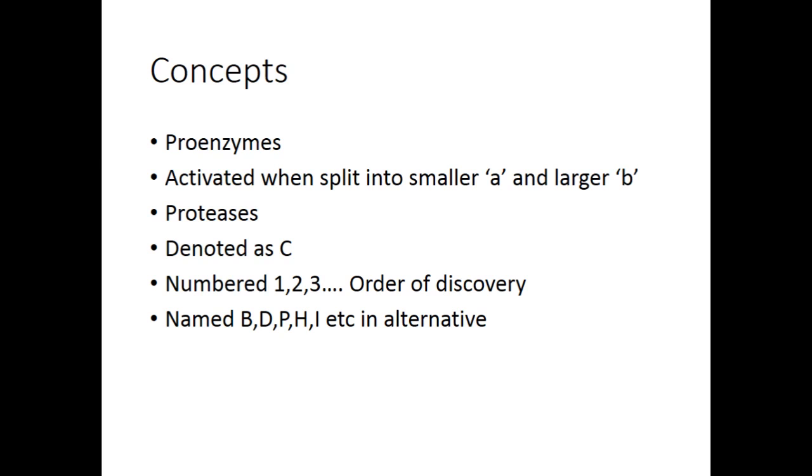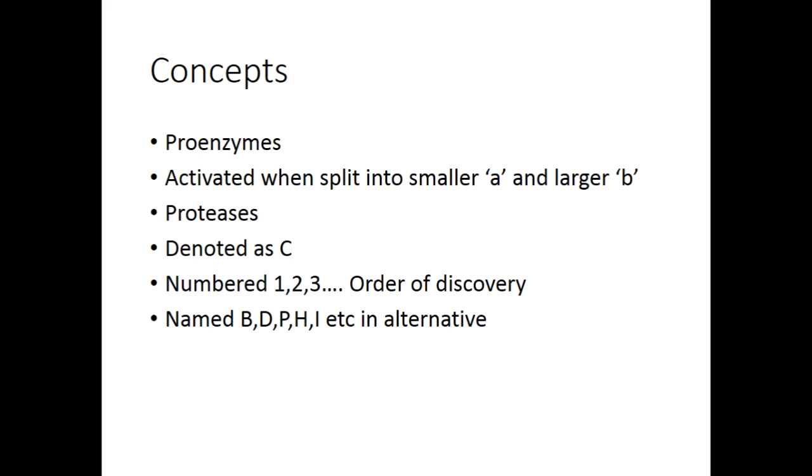These complements are proenzymes. As I said, they exist as around 30 plasma proteins, but they are also seen in the interstitial fluid, not just plasma. They are proenzymes in the sense that they are not active by themselves.